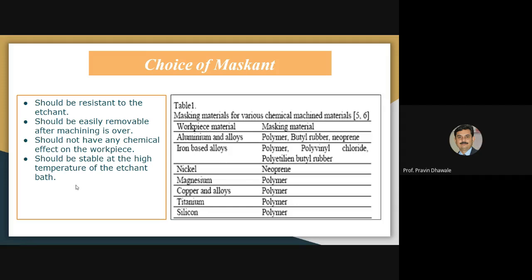It should not have any chemical reaction or effect on the workpiece. It should be stable at the high temperature of the etchant. So these are some of the desirable properties of the maskant. And this table shows the material used for the maskant for specific workpiece materials. Read this slide, choice of the maskant.